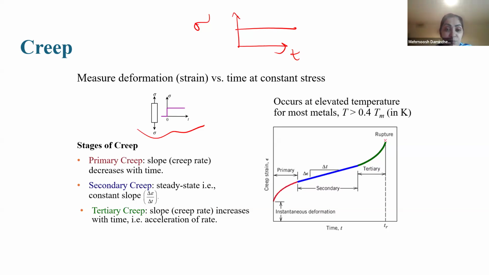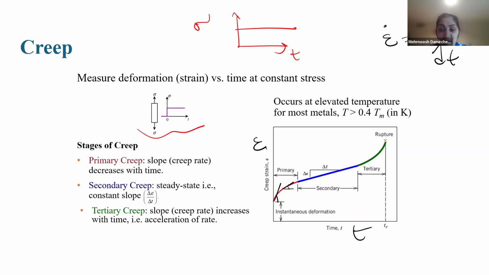If I want to show how this rate decreases, you see the slope of this tangent line decreases. So epsilon dot is d epsilon per dt. Here is epsilon versus time, okay? For d epsilon, we need the slope of tangent lines, and you see in primary it decreases.